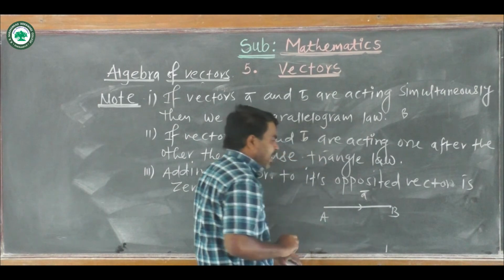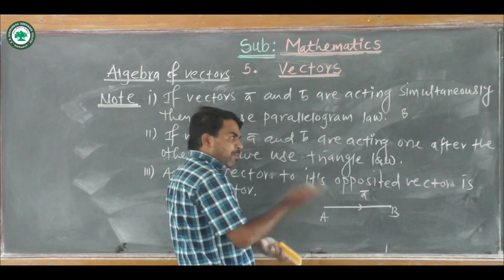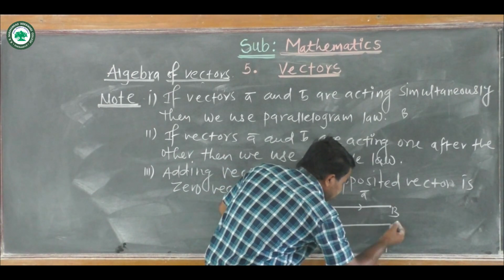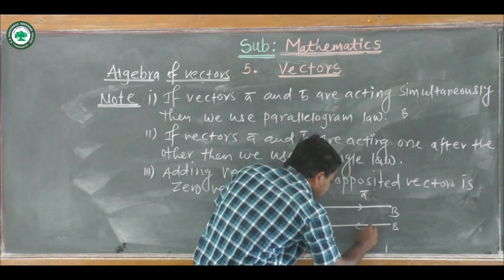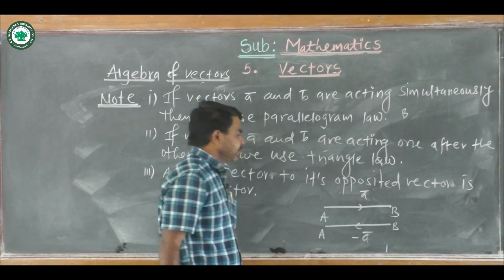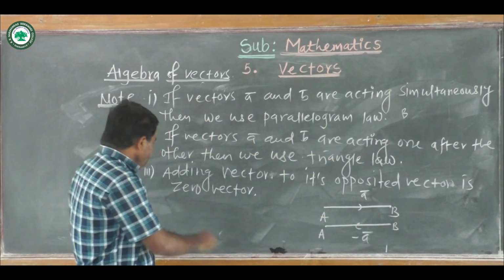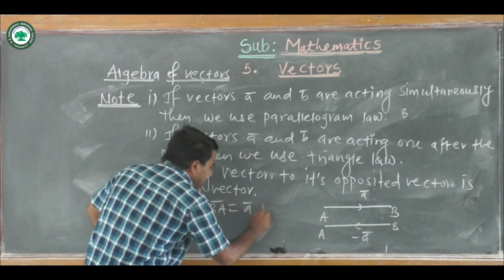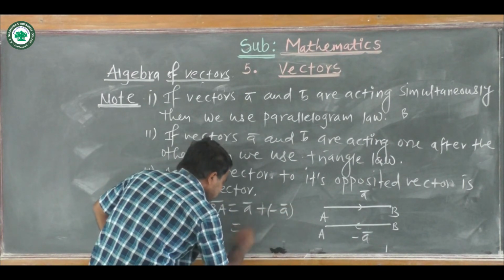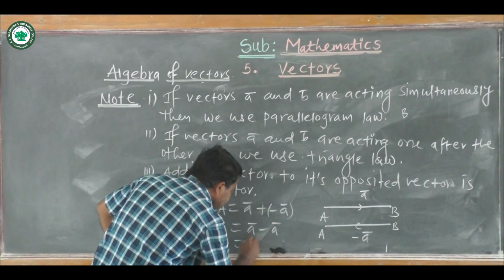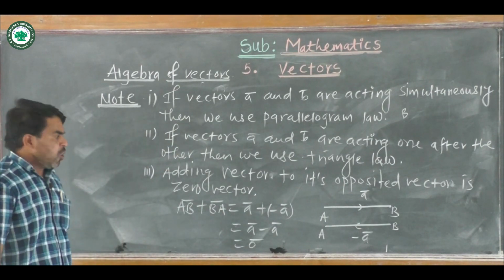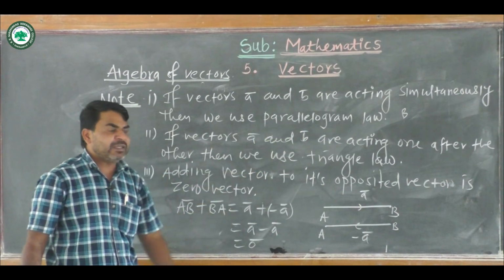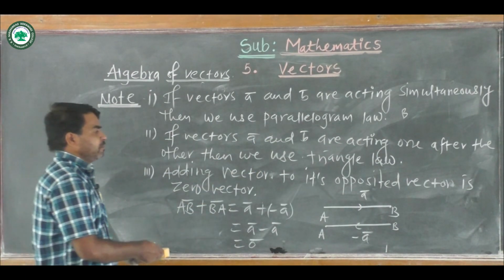If we have AB bar as small a bar, its opposite vector is BA bar, and it is minus a bar. So AB bar plus BA bar is equal to a bar plus minus of a bar, and this is a bar minus a bar and it is equal to the zero vector. So adding a vector to its opposite vector is the zero vector.